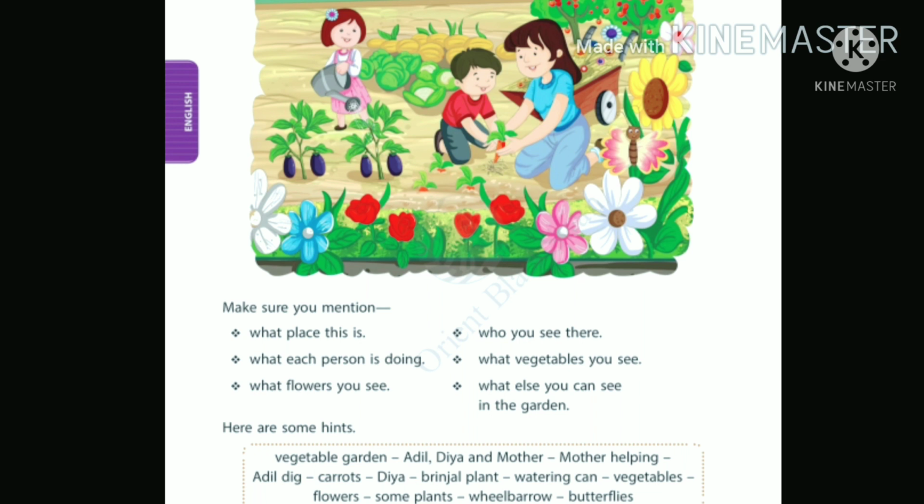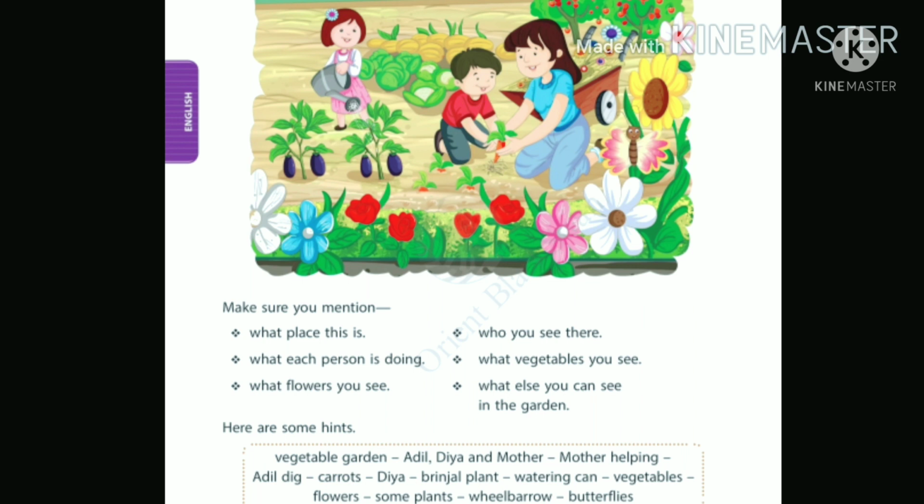We can see apples on the apple tree. That is, there are apple trees in the garden. Then we can see some flowers also. What are they? Sunflowers, roses, etc. Can you see a butterfly there? Yeah, very good. We can see a butterfly also.